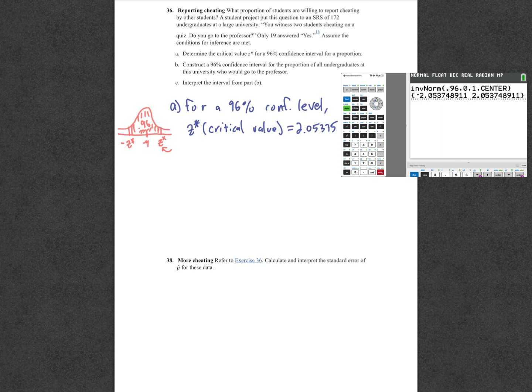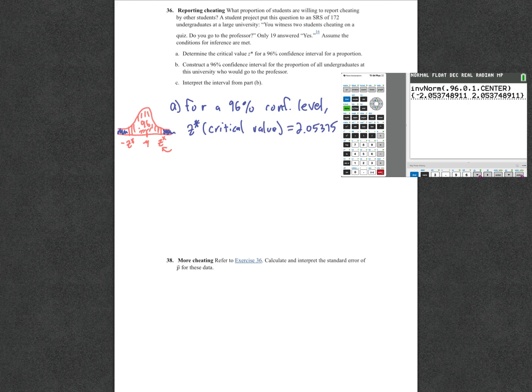Okay, but if we're doing a 96% confidence interval, and we're finding the z-score associated with 0.96, there's not 0.96 area to the left. There's more than that because there's this little area here. This little area here is, first off, the same as the area on the right.